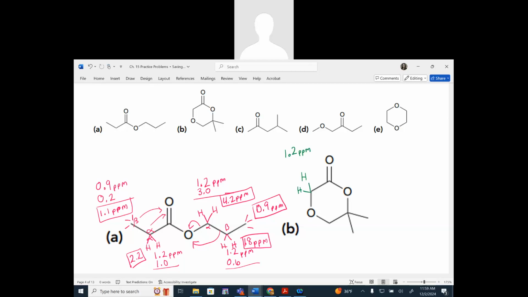They are alpha to this oxygen here, so we're going to add 2.5 ppm. And then they are alpha to a carbonyl, so we're going to add 1.0. Now we can add all these together, and we should expect to see this signal around 4.7 ppm.